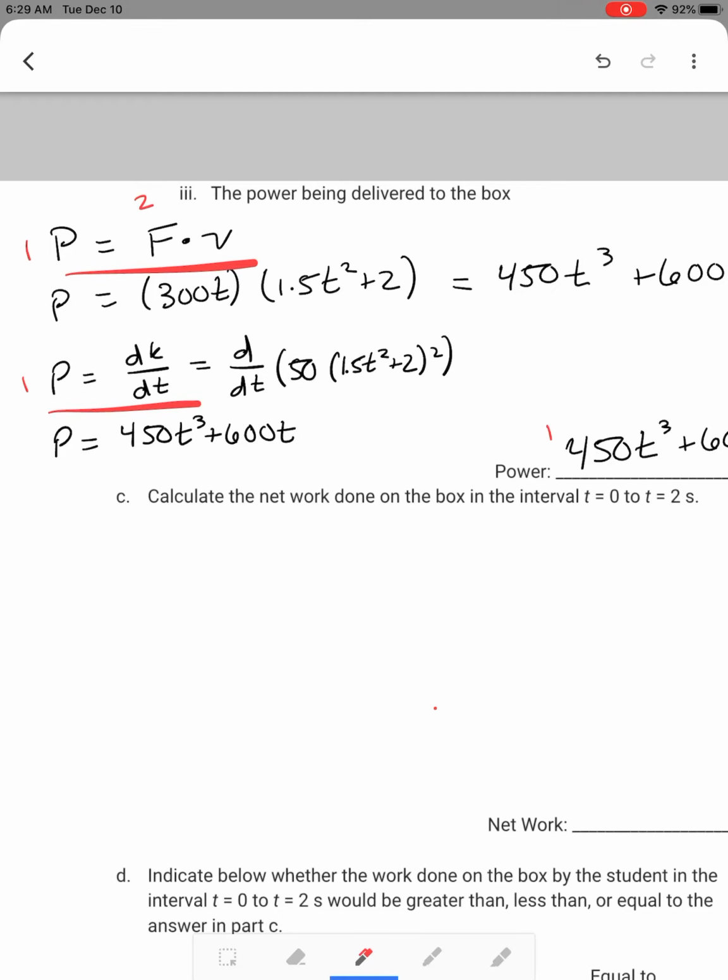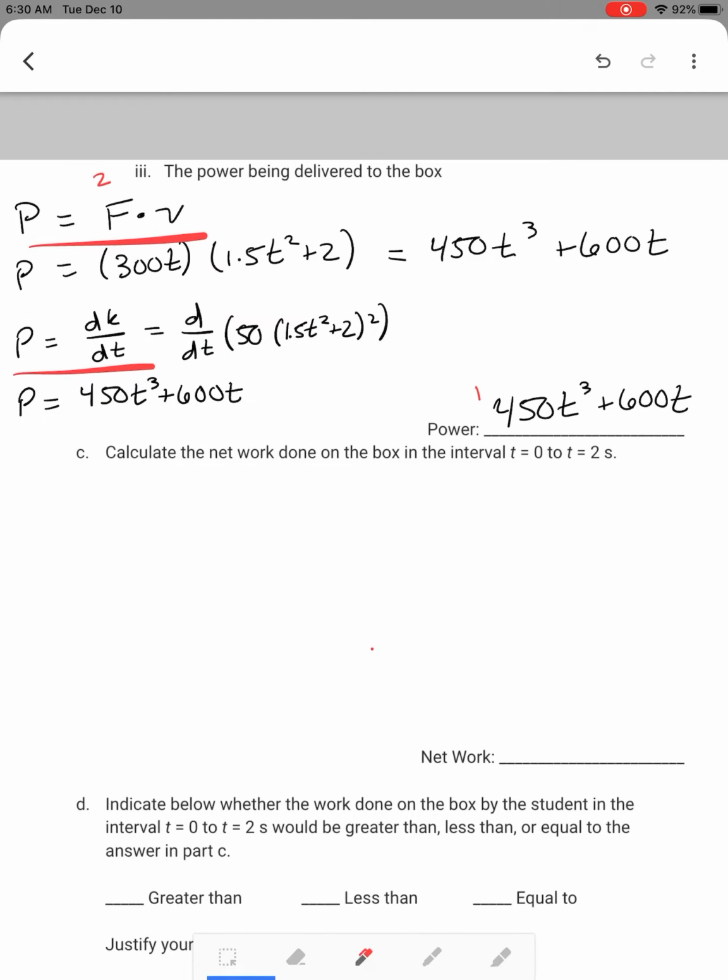All right, let's talk about C. Again, we have 2 ways of solving this one. I'll talk about both. So on C, the first way that I'll go over is work is equal to the change of kinetic energy. All right. Or net work is equal to change of kinetic energy. That's the net work-kinetic energy theorem.